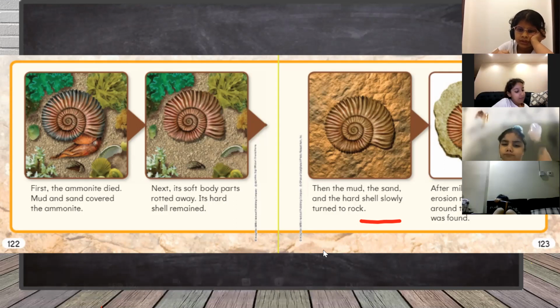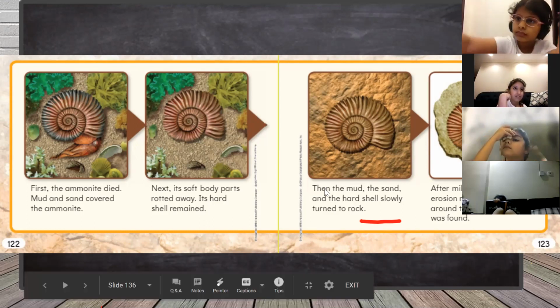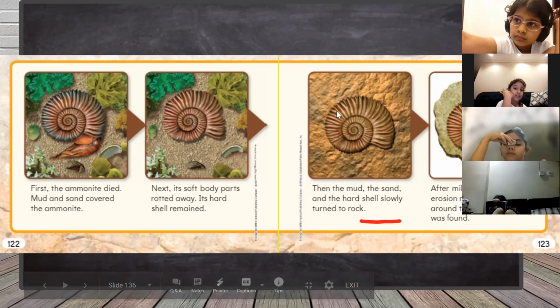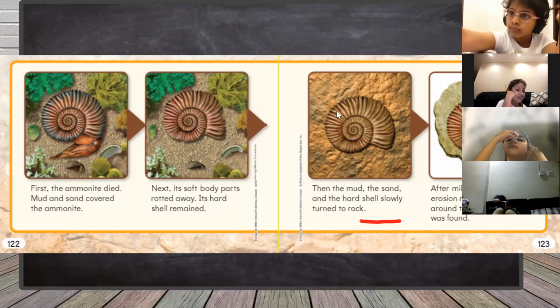I know its name. Oh, the name of this shell is Ammonite. Okay? Yeah.